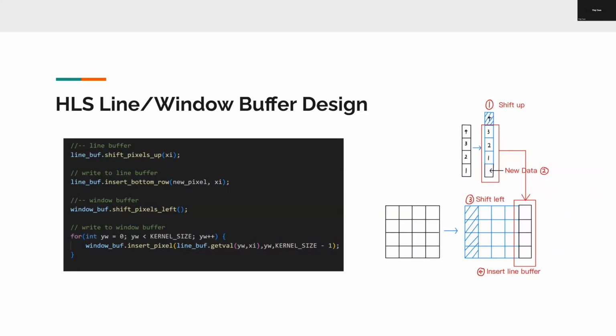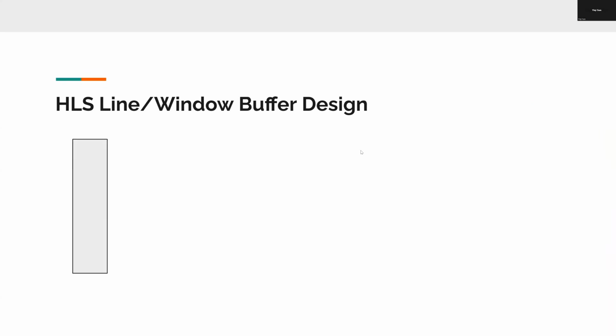So the second version that we have for this optimization is the line and window buffer design. As you can see here, we utilize the line buffer and window buffer to speed up the process, which means we only read one data input at once instead of reading the entire array again and again. So here is a simple demonstration of how the line and window buffers work. As you can see here, it's a simple line buffer.